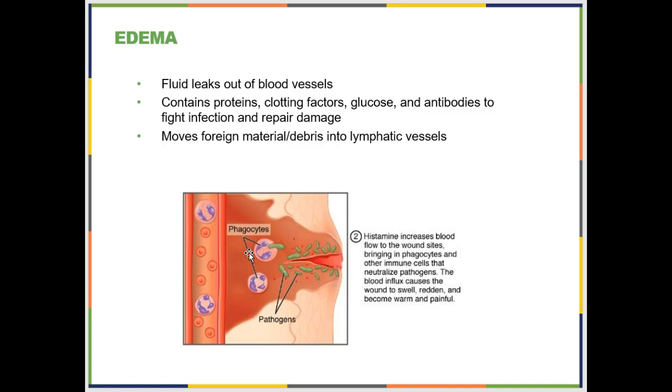And it's generally a good thing because it's got all of the stuff in it that you need to fight an infection and repair the damage. So again, clotting proteins, repair enzymes, glucose, antibodies, all of the raw materials and fuel that you need to clean up and repair the damage.